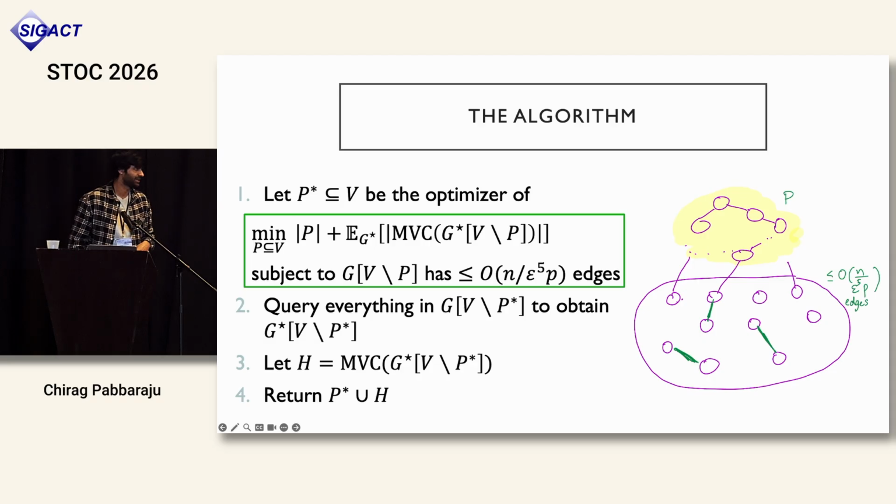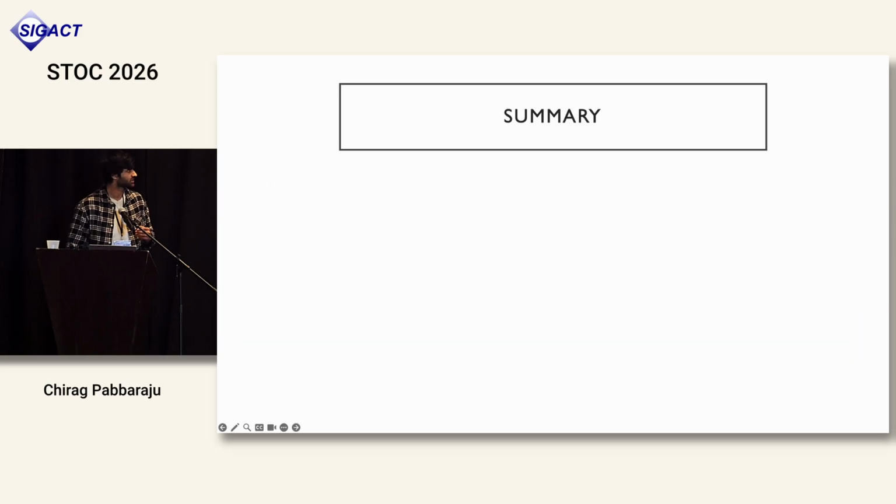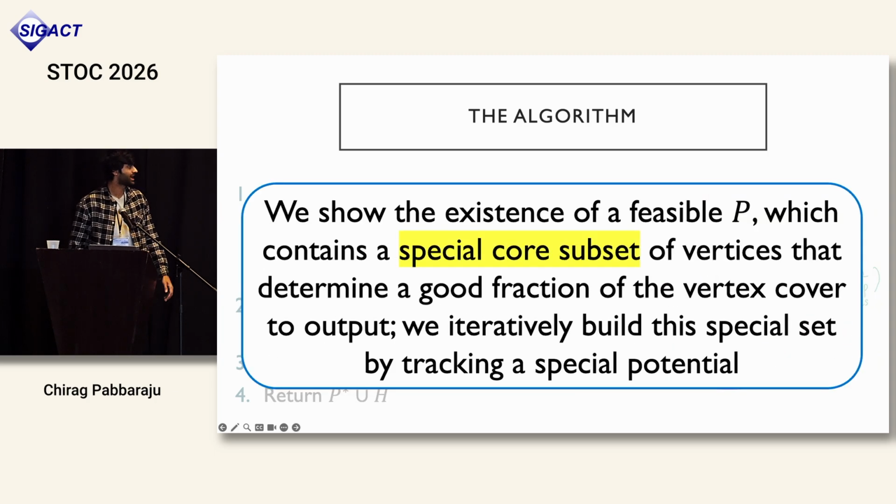The devil is in the analysis of this algorithm, and it gets quite technical, but I'm not going to be able to say anything intelligent about the analysis, so let me just say one sentence, which is kind of an advertisement. To solve this optimization problem, we show that there is a specific subset of the vertices of the graph which itself contains this very nice core subset of vertices, which is likely to give you a lot of information about what should really be output in the vertex cover as a function of the base graph.